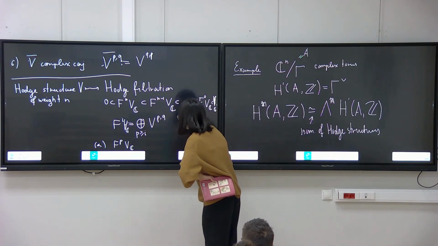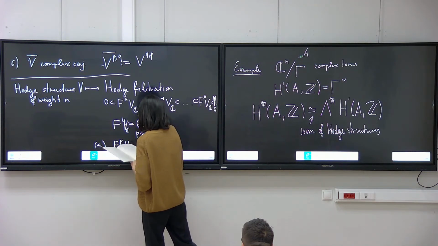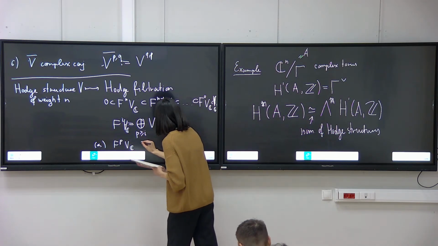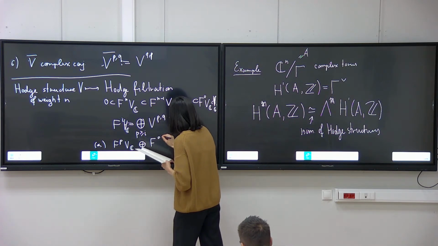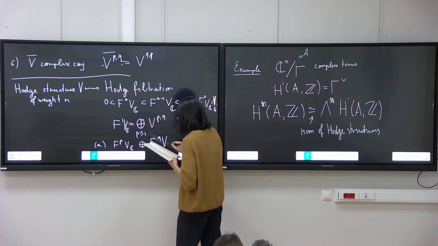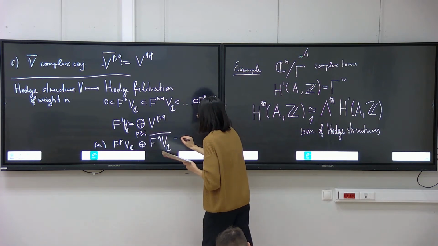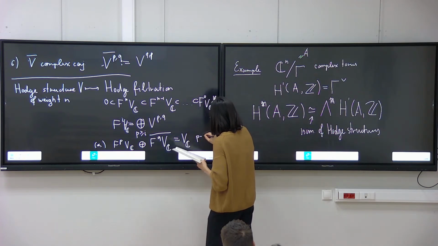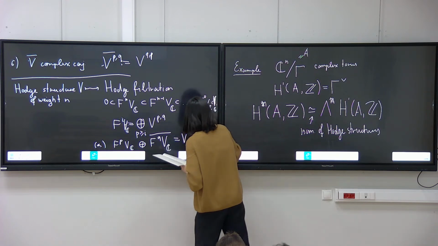Okay, and now what do we have here? Here we have the following property. If we consider this complex vector space, direct sum with the conjugated complex space, where p plus q is equal to n plus 1.